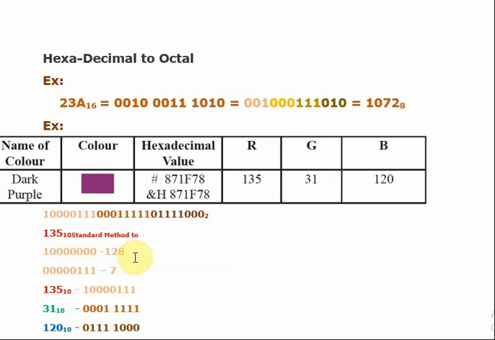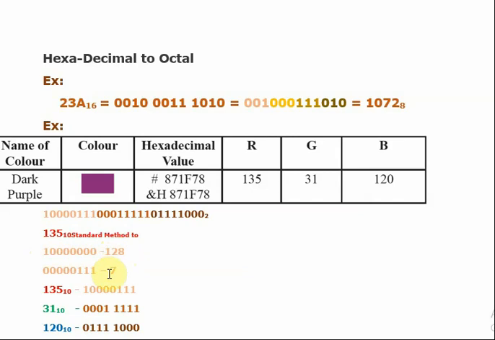Now to represent a decimal number in binary, the simple method is: 135 is closer to which weighting factor? Here you know 1, 2, 4, 8, 16, 32, 64, 128, likewise you will be getting. So 135 is closer to 128. Then you put 1 here. What is the remaining? 7.